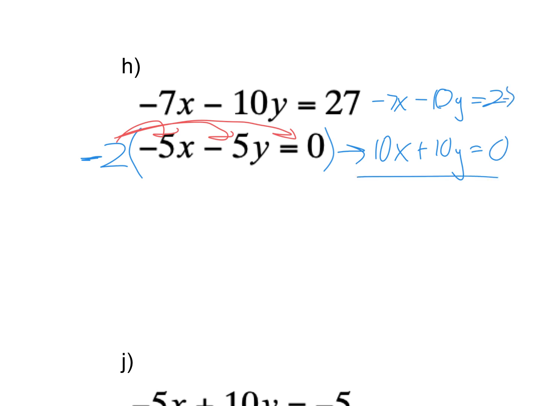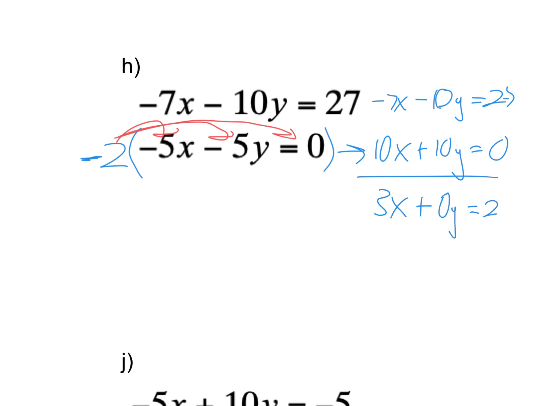Now I can add these two equations together and notice my y variables are going to combine to 0. So I have negative 7x plus 10x. That will give me 3x. Negative 10y plus 10y is 0y. And 27 plus 0 is just 27.